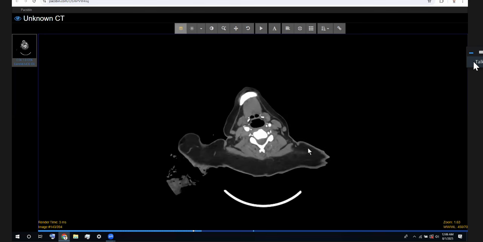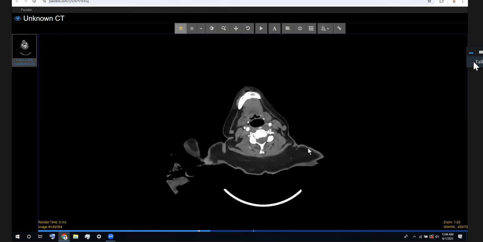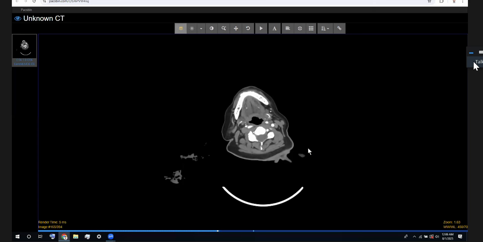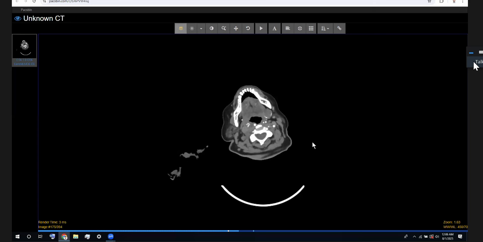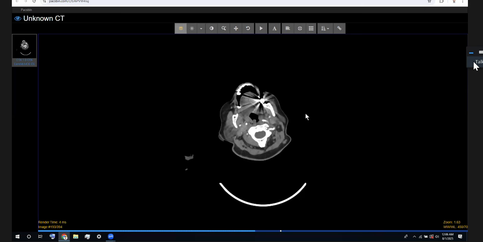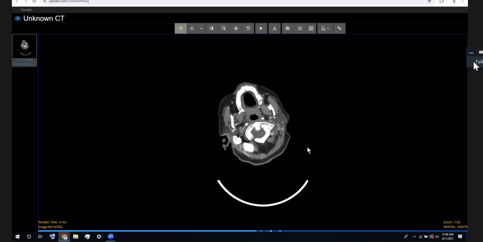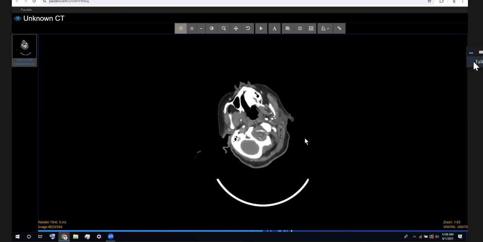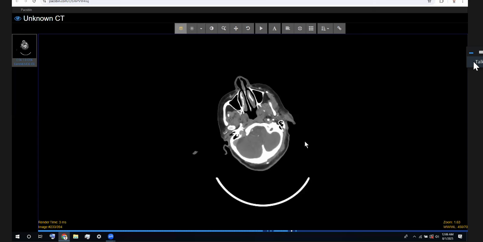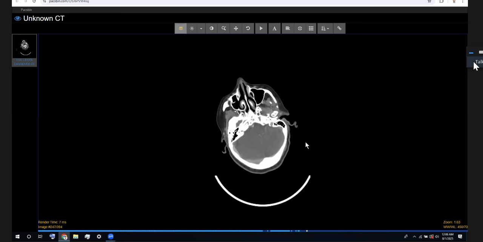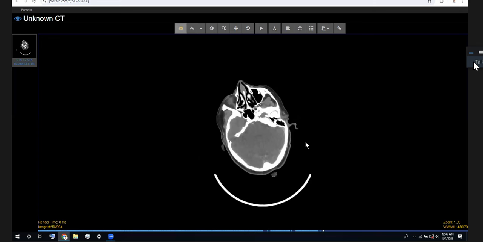That's excellent, because this is one of the things that will instantly cure the patient if you fish out that thrombus. Once it loads up, you'll see where the filling defect is. This is a basilar artery thrombus, a diagnosis not to be missed. You'll see it in a second.